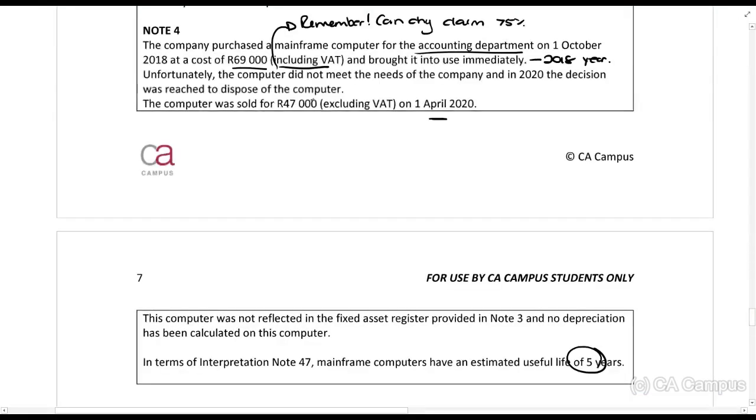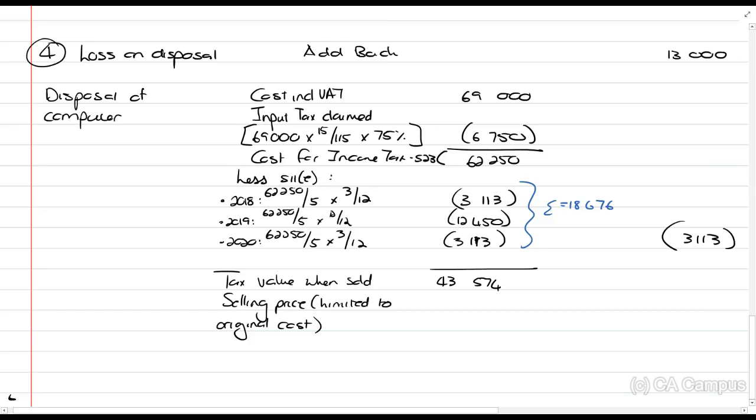How much did we sell it for? 47,000. That's excluding VAT. That's correct. Remember, we would raise 100% VAT on it. So that gives us a recoupment of 3,426.